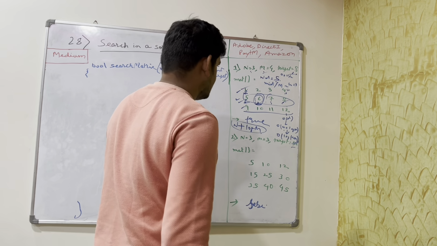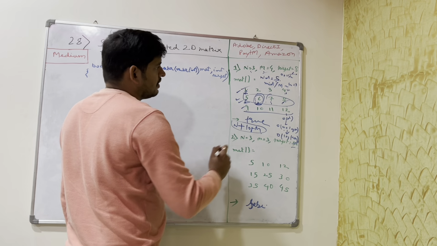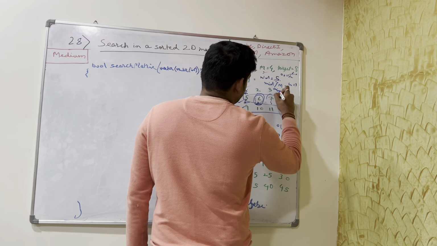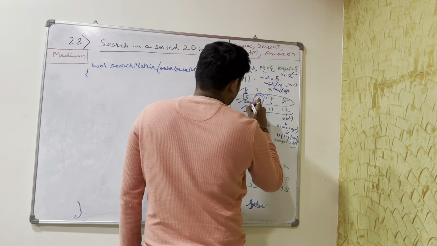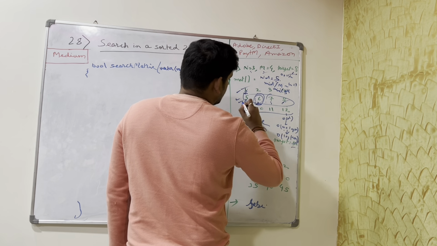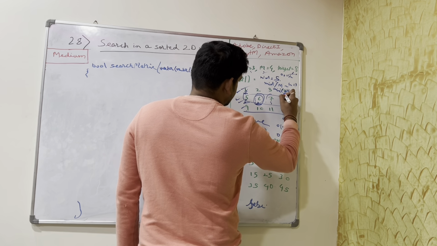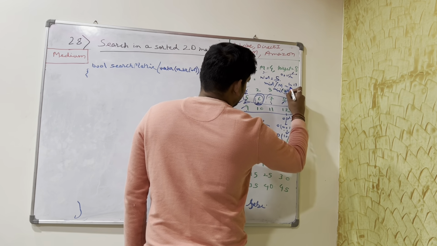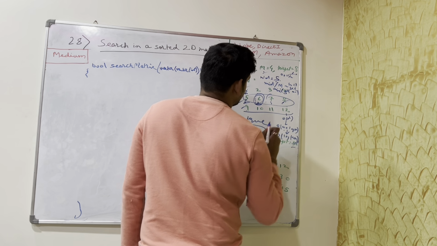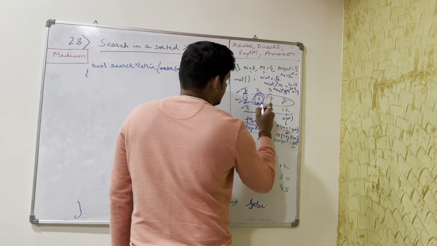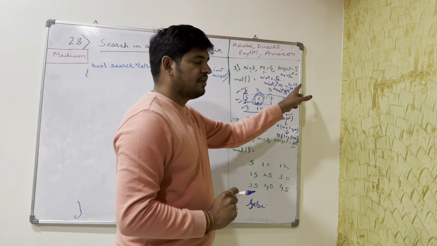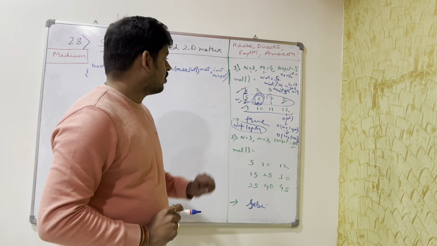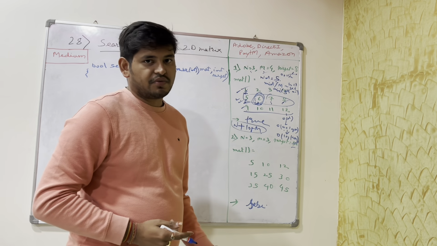So we came to know the row of the mid index element. Now how do we find the column? We'll do mid mod m, so that in this row, the mod m index gives the column. 5 mod 4 is 1. So first row, first column is this. So mid by m gives us the row, and mid mod m gives us the column.